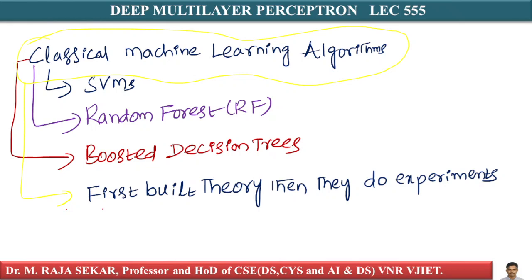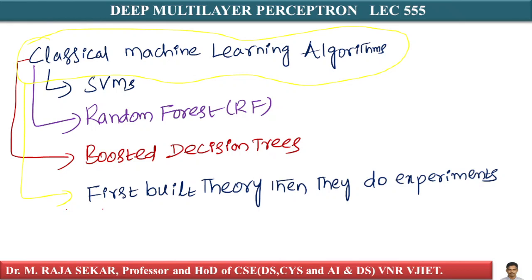Lots of these classical machine learning algorithms started at universities, which are research centers where people build all the necessary mathematical theory, and the experiments were done to justify that these things work. The path is first build the theory and then do experiments.